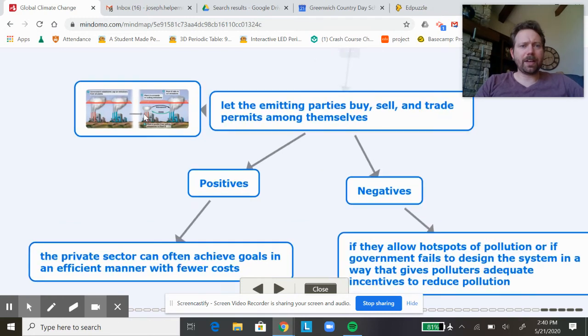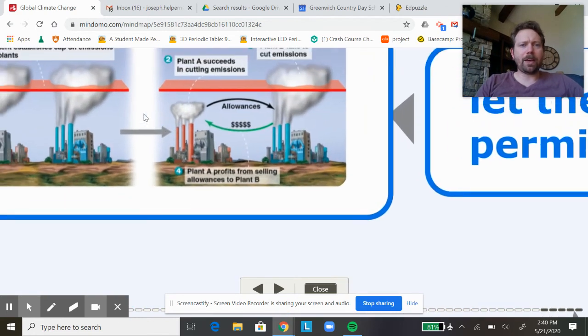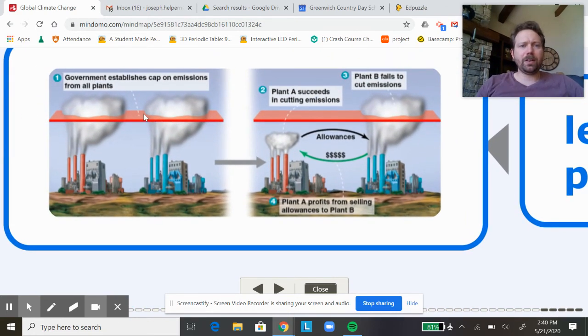This is an image here that just shows you a bit about the cap and trade. As you can see, governments again cap the amount of emissions from all plants, and as a result of that, you can cap and then trade your permits to other organizations, and there's an economic incentive.